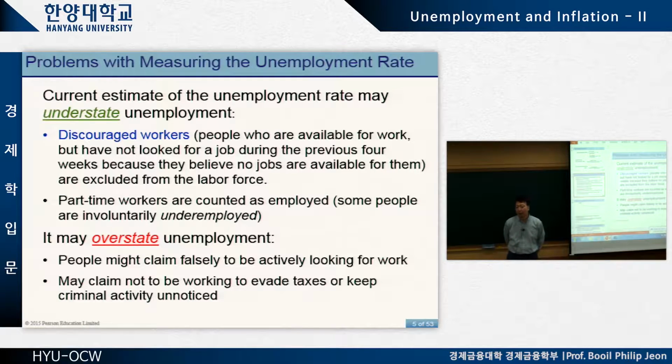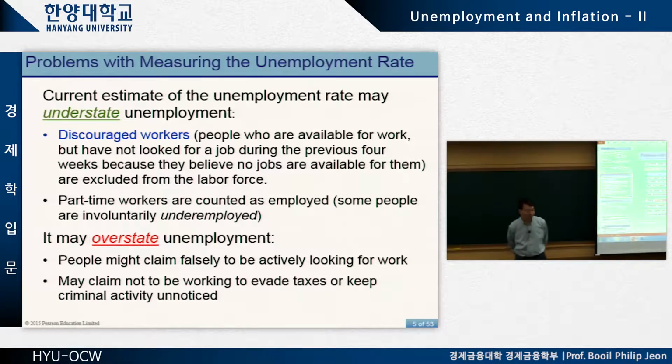Those people should not be counted as unemployed, but in fact they will be counted. So in that sense, it will result in an overstatement of the unemployment rate. Any question about this?